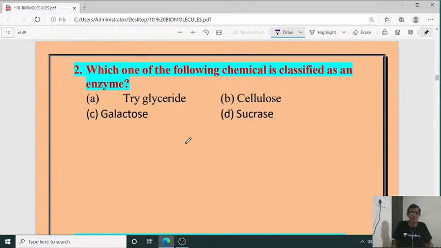Then the second one: which one of the following chemicals is classified as an enzyme? Triglyceride, cellulose, galactose, sucrase. Out of these four, which is the enzyme?